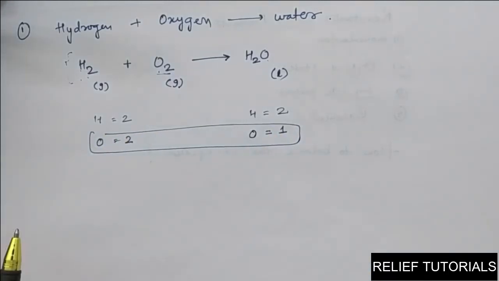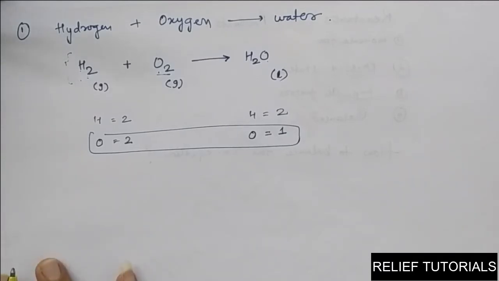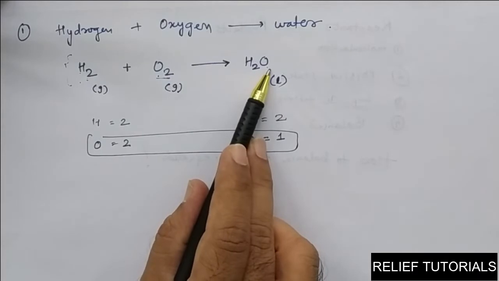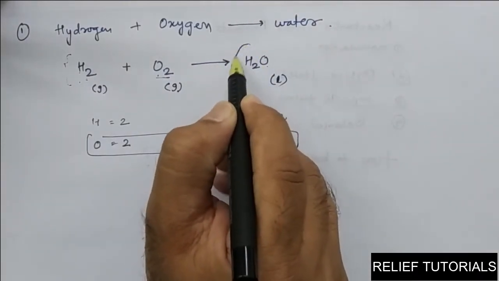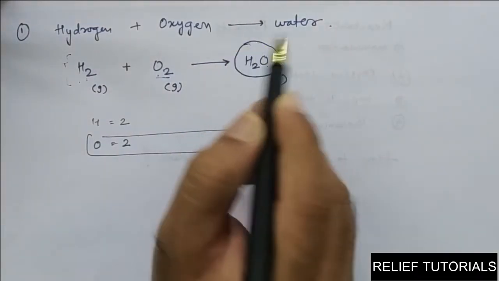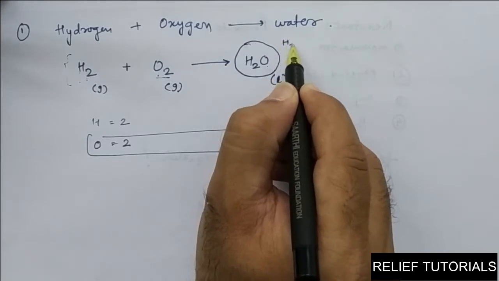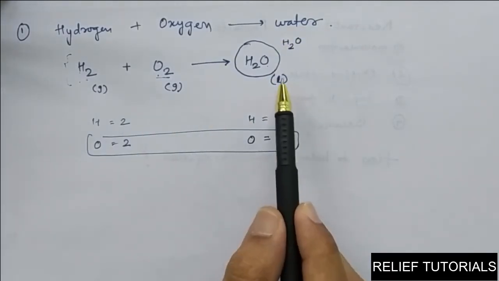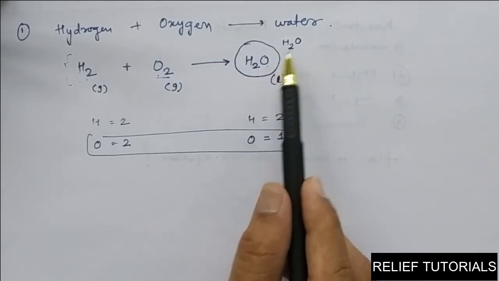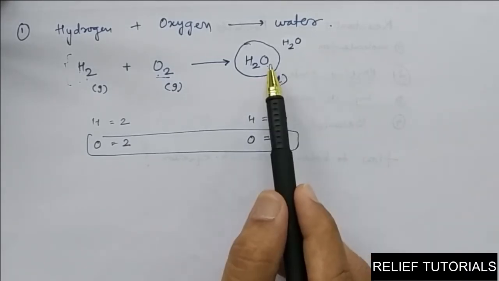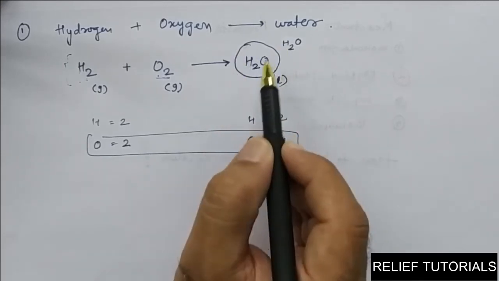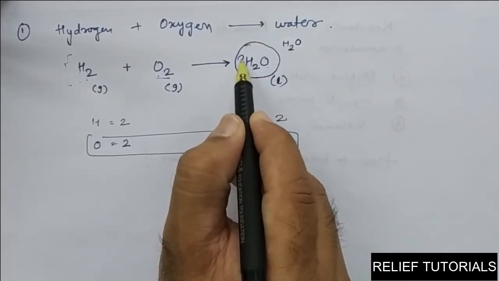We have to make them balanced. For that, what can we do? Here is 1 oxygen, in only 1 molecule of water. If you imagine another molecule of water, another H2O, then how many oxygens can you see in 2 molecules? It will be 2. To represent the number of molecules we write a number here.